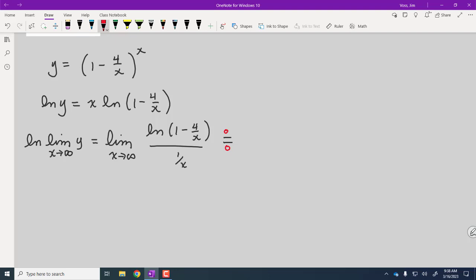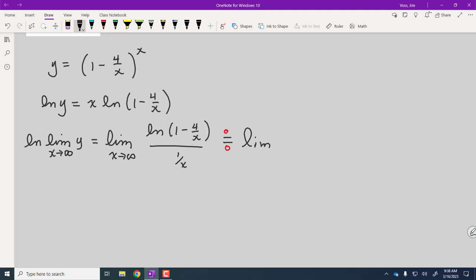OK, we're going to use L'Hopital's rule now. We have a 0 over 0. That's an indeterminate form that we can deal with via L'Hopital. Remember that L'Hopital's rule, it's a super intuitive thing. If we have a ratio of functions and we're trying to take their limit, all we're doing is saying the ratio of functions is going to approach the same thing as the ratio of tangent lines.